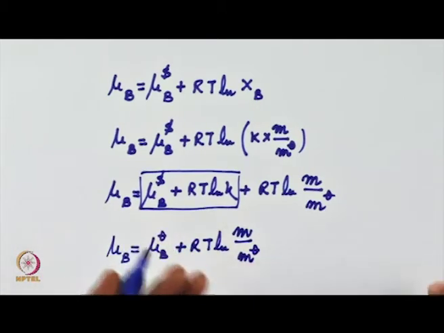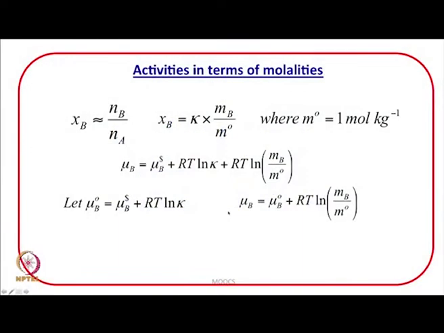When we write m, we generally mean the molality, the number of moles of solute, so we are talking about the solute. Whether we write m or mB, it is the same thing, and that's what we see in this slide: the chemical potential for a solute in terms of molalities is of a similar form, mu B equal to mu B naught plus RT log m by m naught.